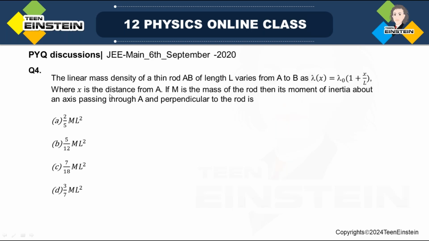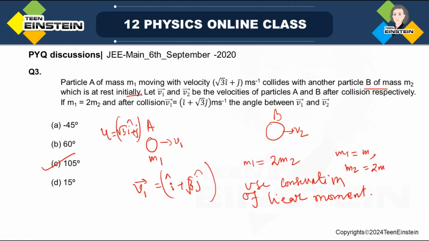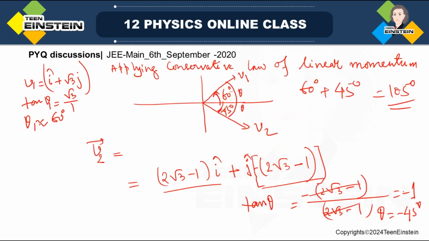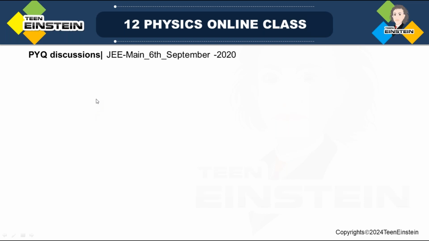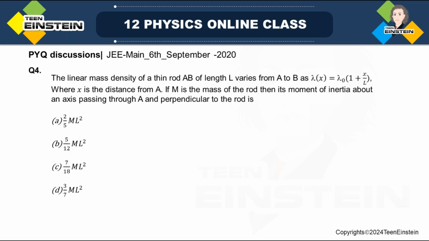Again, so we have got this answer for question number 3. We'll go to question 4. This question says linear mass density of a thin rod AB of length L varies as this.